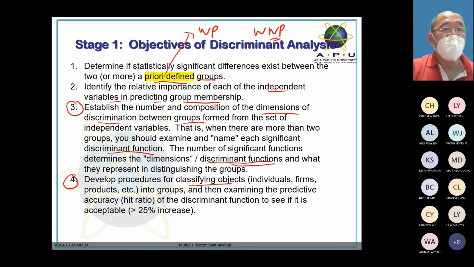Of course, linked to number 3 also, because we use the discriminant function to help us see which group each individual should go to. So the procedure for classifying the object or individual into the group. Then examine the predictive accuracy, the hit ratio. Higher is better. Here 25% or more is better, so minimum 25%, but actually try to get a bit more. Higher is better.